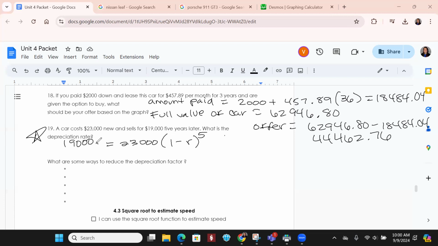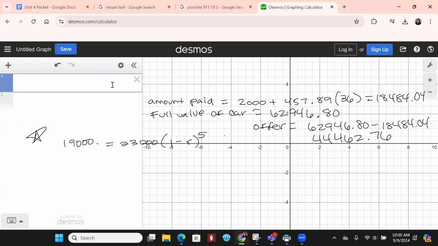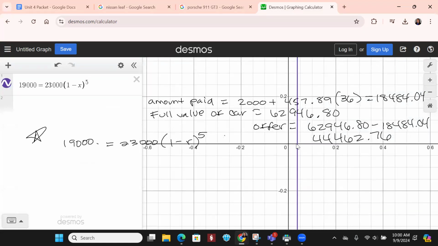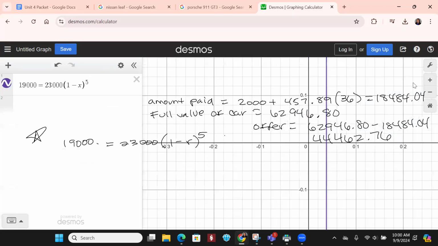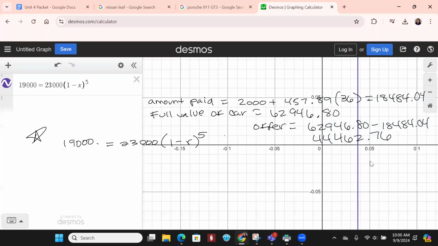Here's how you do this. You go into Desmos. You type this in. We don't know what R is, so we're just going to name it X. Wherever it crosses the X-axis, that's where our solution is. If you can zoom in.